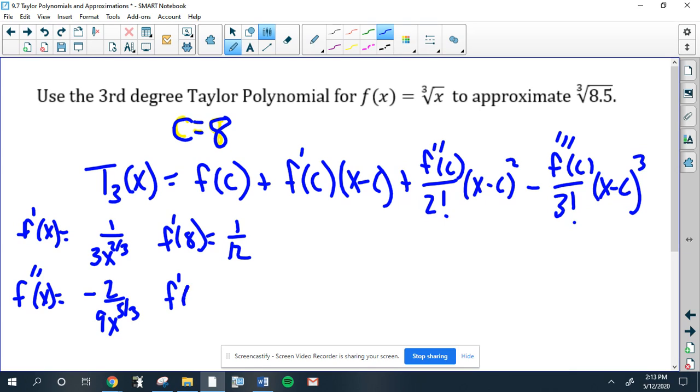So f double prime of 8 is 8 to the 5/3, which would be 2 to the 5th, which is 32, so negative 2 over 9 times 32.